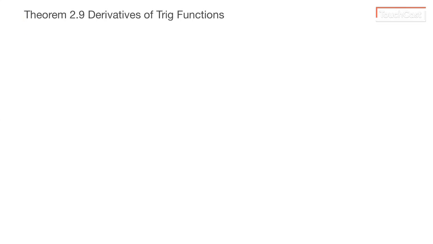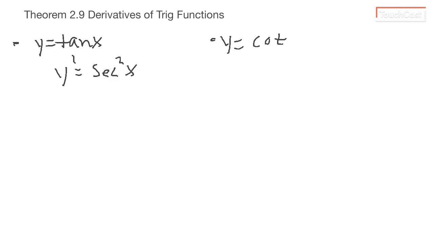So, we can say if we have our function y equals tangent x, then y prime is going to be secant squared x. If we have the function y equals cotangent x, y prime is going to equal negative cosecant squared x.